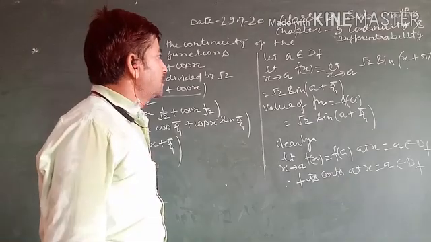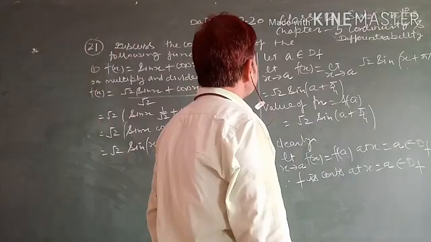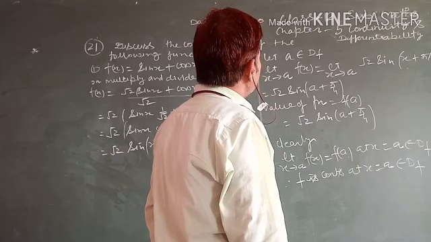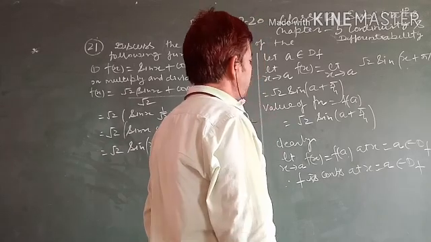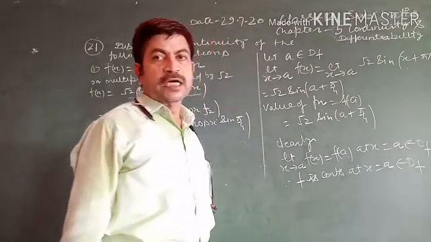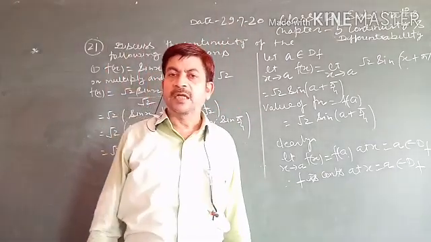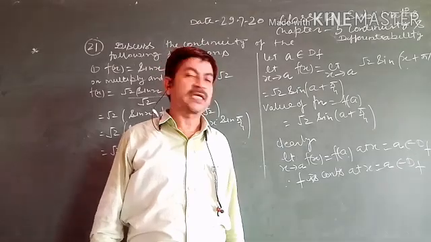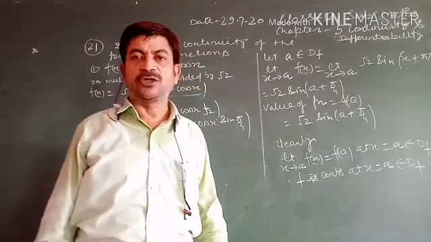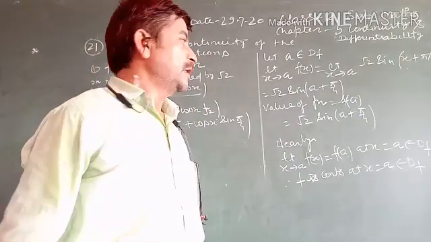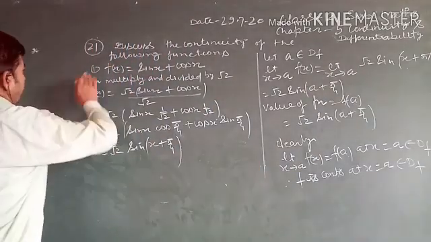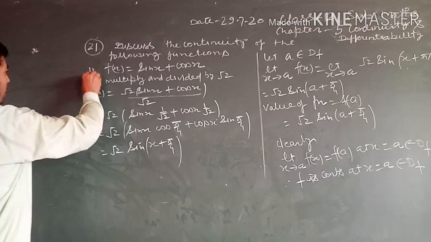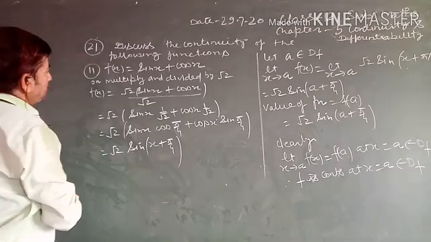Now I find limit value of function and value of function, both are equal. Then I have proved the given function is continuous. Next, it is the second part.